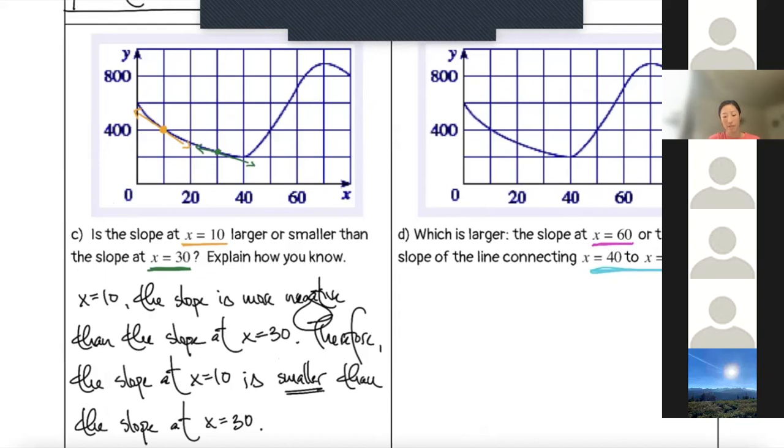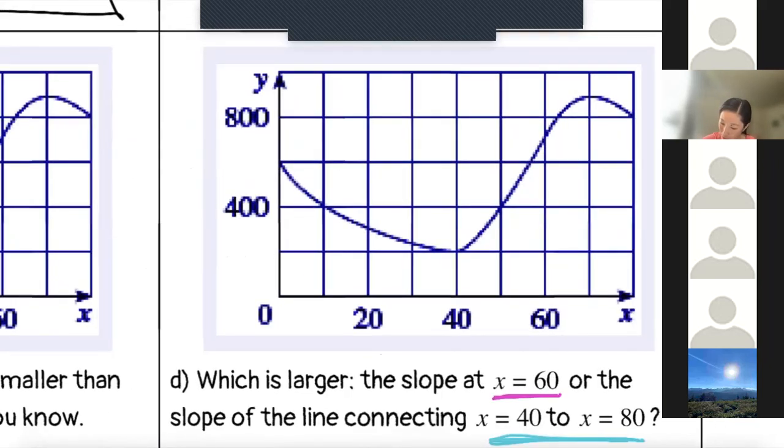And let's see if we have some ideas for which one is going to be larger, now that we're clear on what it means to be larger. Okay, we've got a guess at x equals 60. So let's put this on a picture and see what we think.